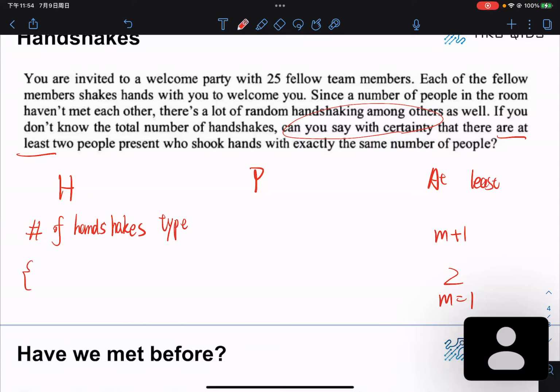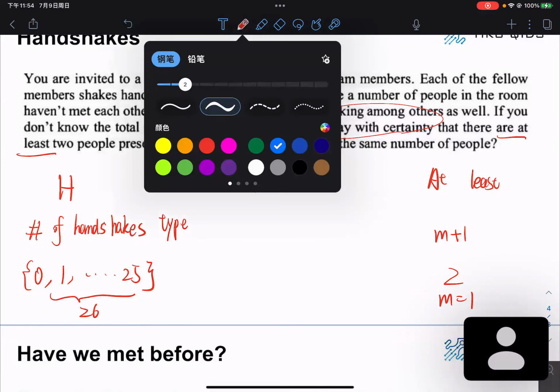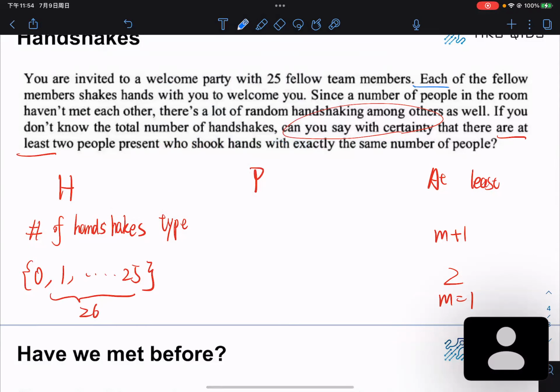This sample space can originally vary from 0, 1, all the way to 25. So in total, there are 26. But now, because each of the fellows has already shaken hands with you to welcome you, 0 is gone, and there are only 1 to 25 left. And we know that n equals 25.